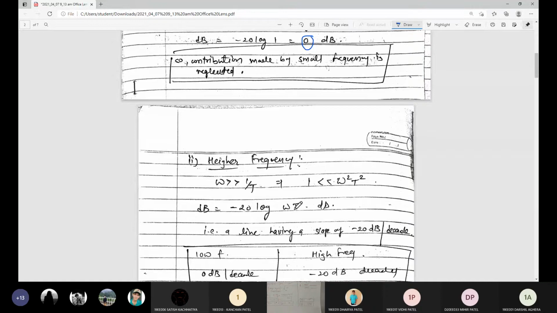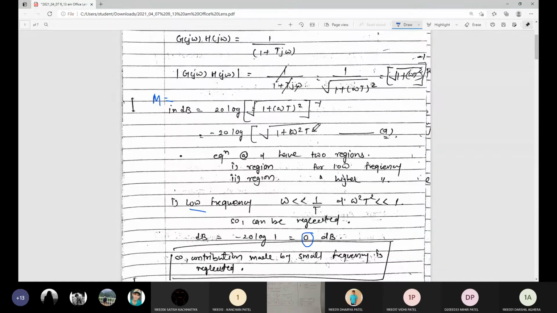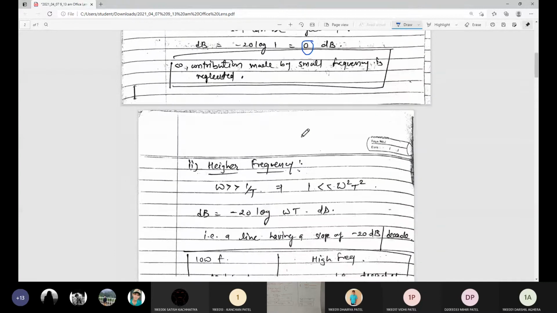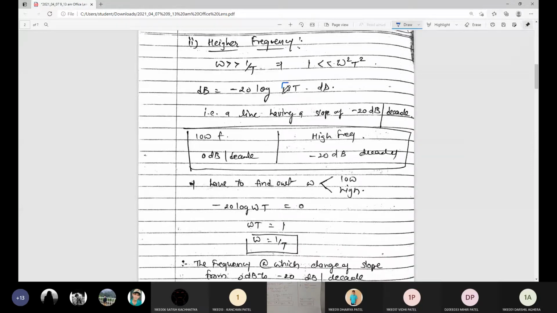So this equation will become minus 20 log under root omega square T square. The square root gives omega T only, omega into T. So you will have two terms now, omega as well as T.